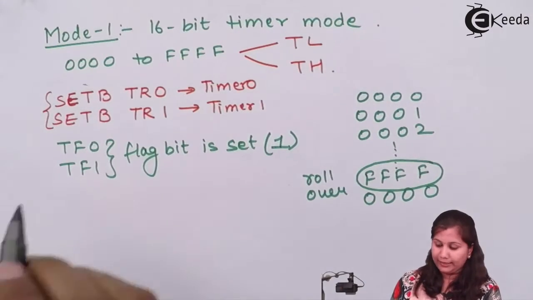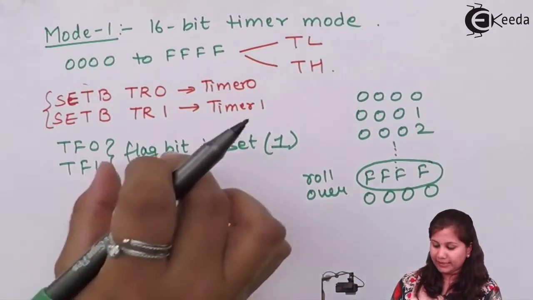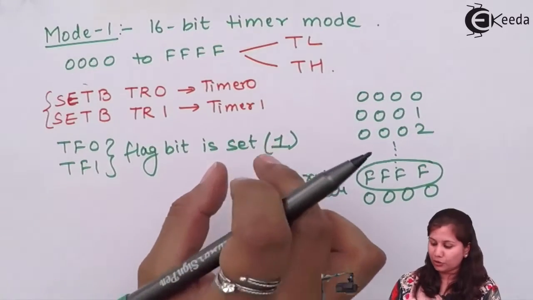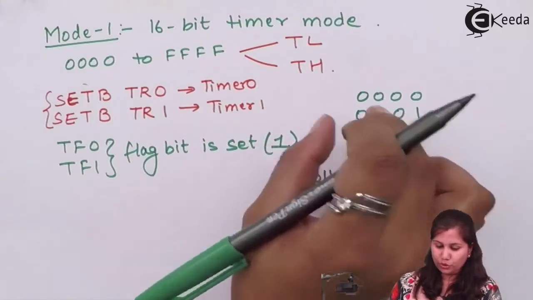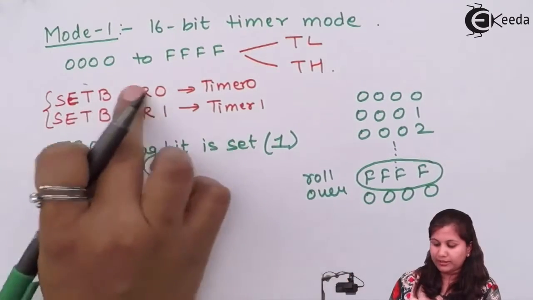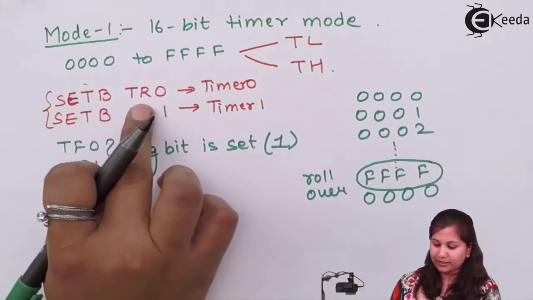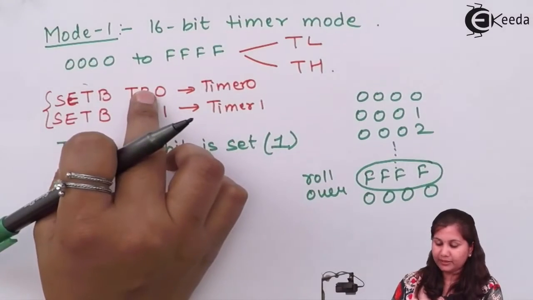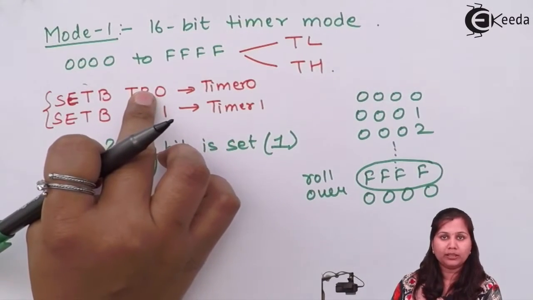Okay, and the programmer can see this flag bit. If it finds that this flag bit is set, it is going to stop the timer. It is going to clear this set condition, because we have set these bits as 1. So it is going to reset it. It is going to stop the timers.